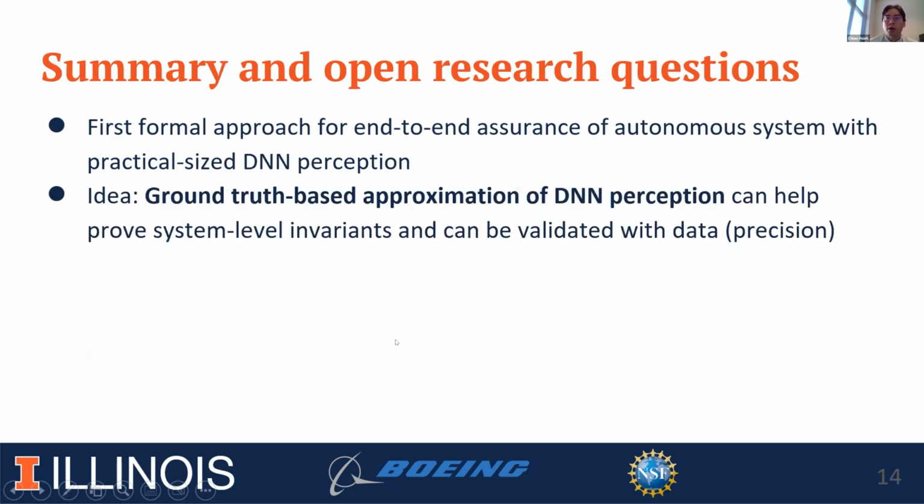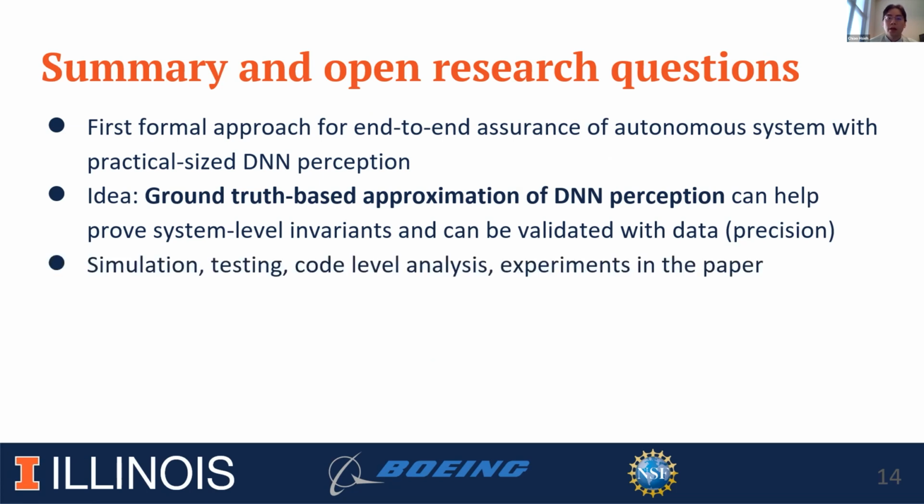To summarize, we provide a method for end-to-end assurance of an autonomous system with a perception DNN. This relies on our idea of using a ground truth-based approximation for the DNN perception. In our paper, we also provide how this approximation can be connected to simulation testing, and more comprehensive experiments.